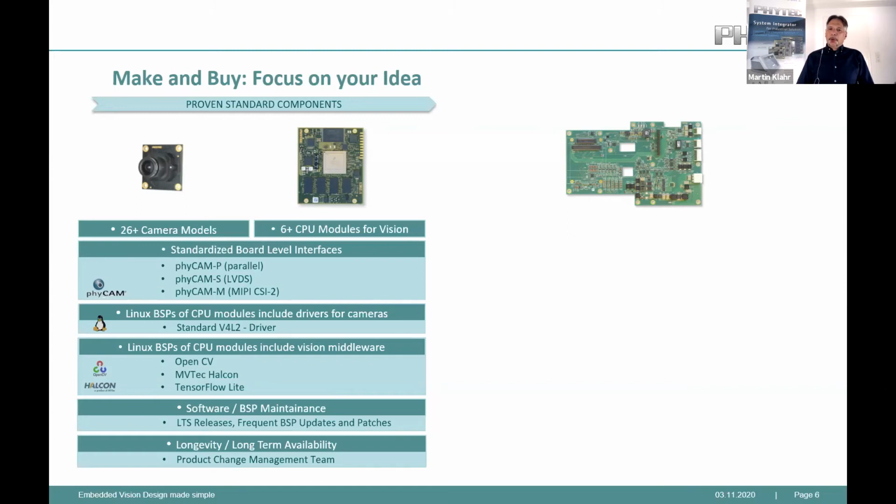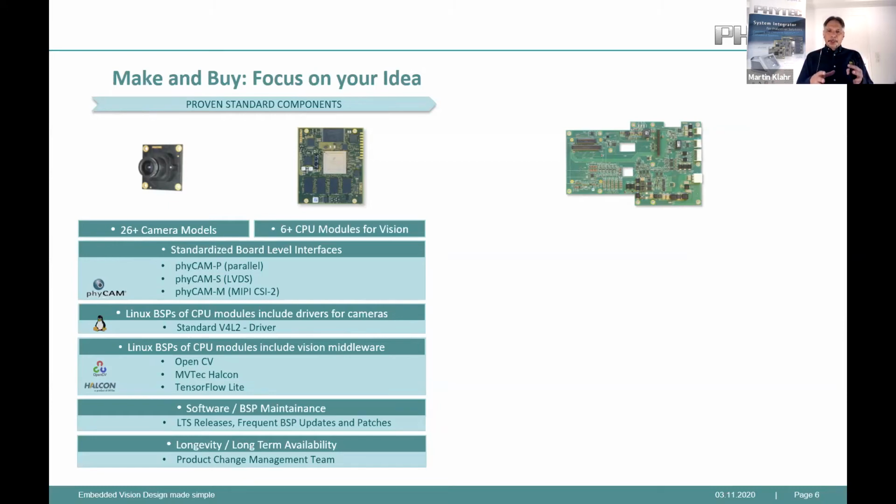And all of these components have been matched, so they work together with each other out of the box. Matching means, on one hand, that we use standardized board level interfaces to connect the camera modules to the computer boards. And on the other hand, that they work together software-wise. And this is very important.